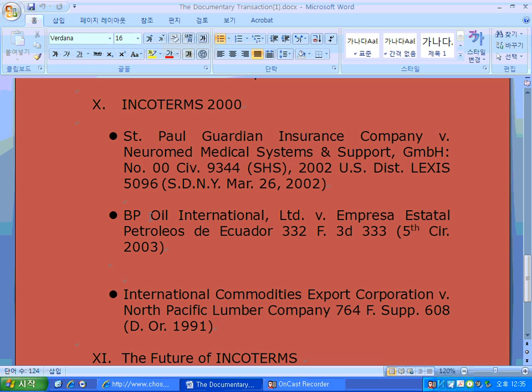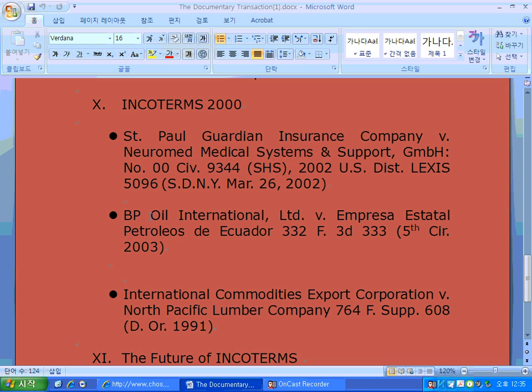In relation to the incorporation concern, Article 9.2 of CISG has greater implications for the purpose of incorporation. So, what is that?